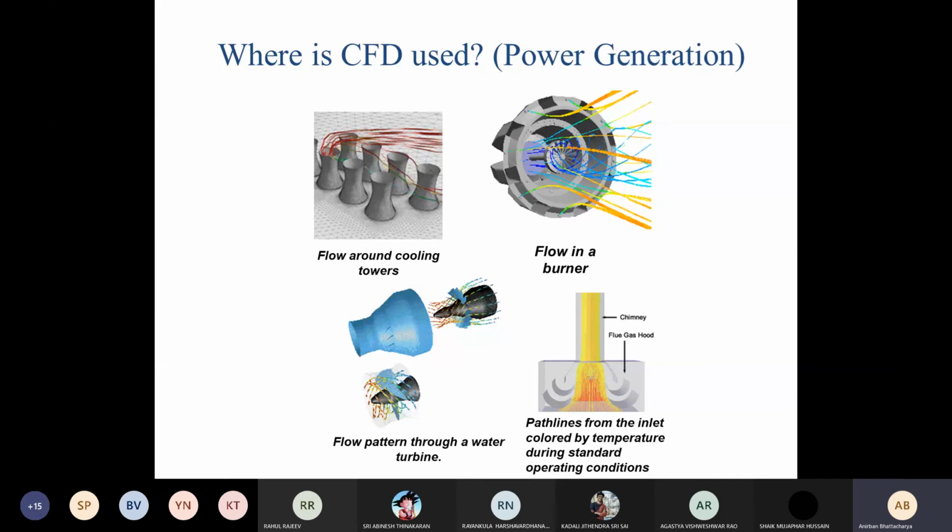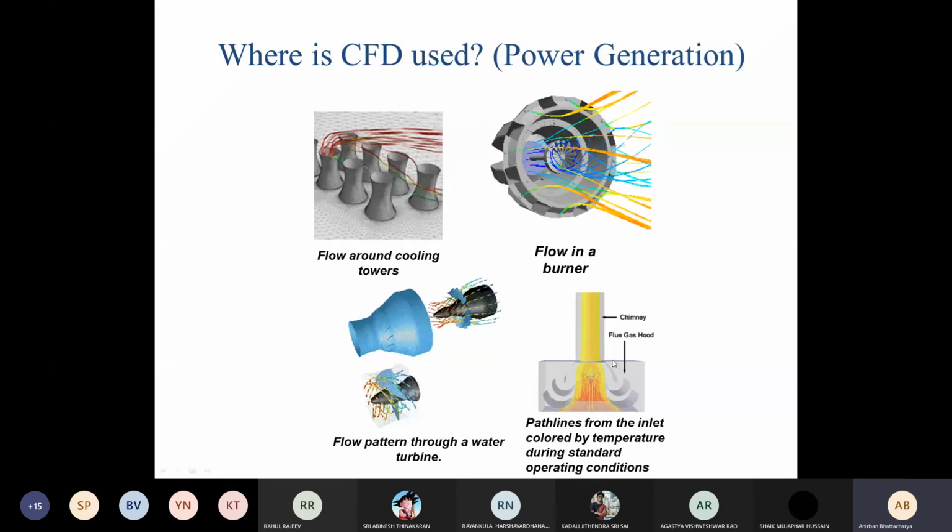Then in the coal powered or fossil fuel powered thermal power plants, the flow in the burner, how the mixing occurs between the coal particles and air in the burner, large scale flow around the cooling towers. That is also very important because that dictates how the natural convection current is set up within the cooling tower. Then flow of the combustion products.